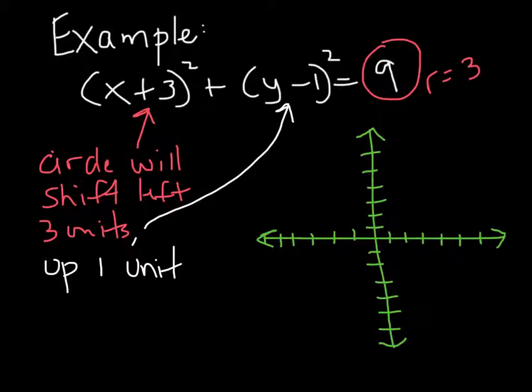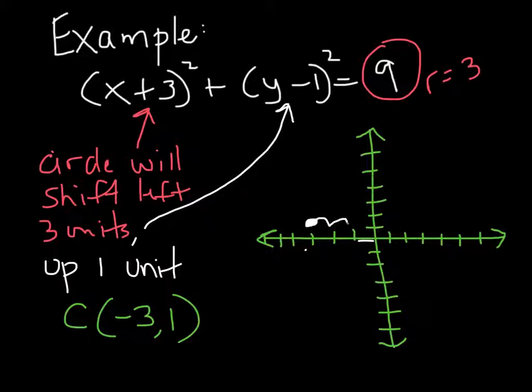That's really going to give me my center. We move the center left 3, so my center is now negative 3, and up 1. So there's my center, that's where I'm going to start. So negative 3, 1 is where I'm going to put my first point. Ignore those little sliding marks I had there. Then I'm going to move 3 units all around. This is much better on graph paper, but let me show you what I'm doing.